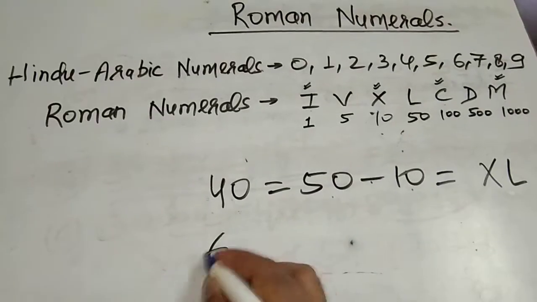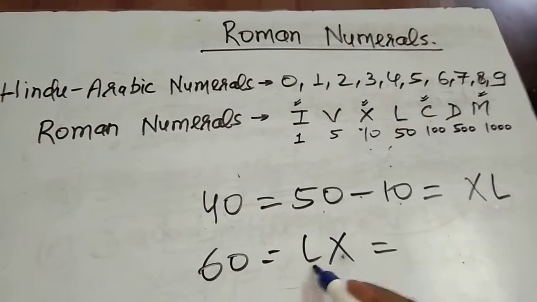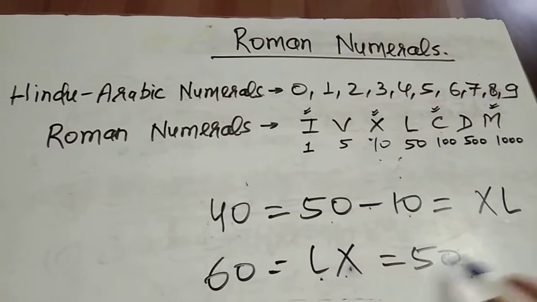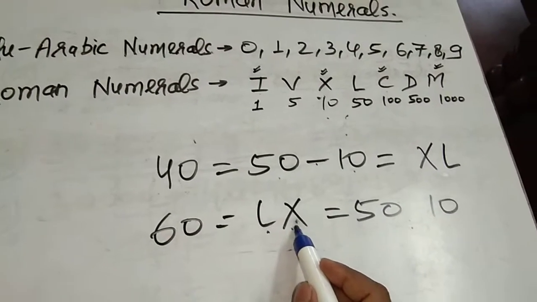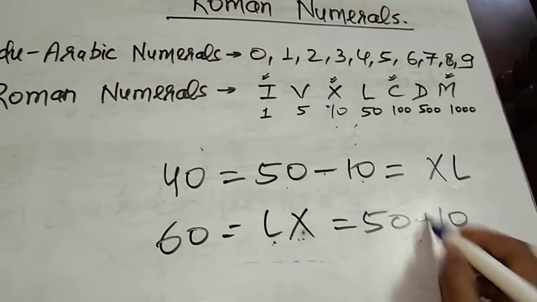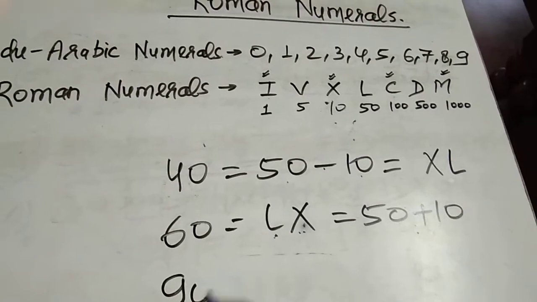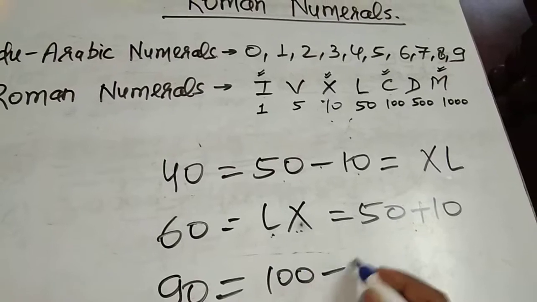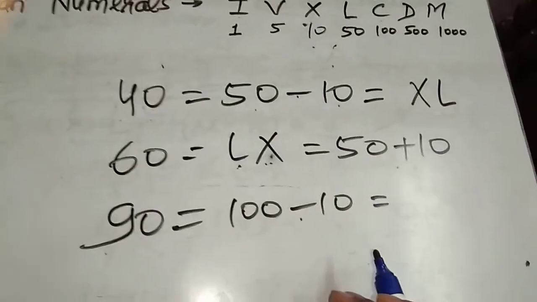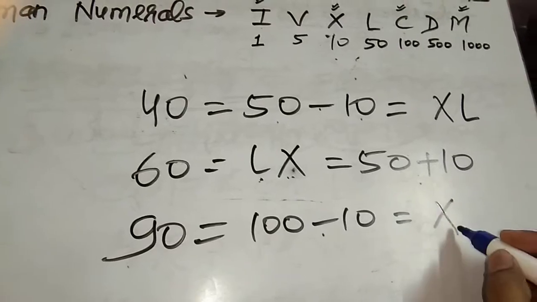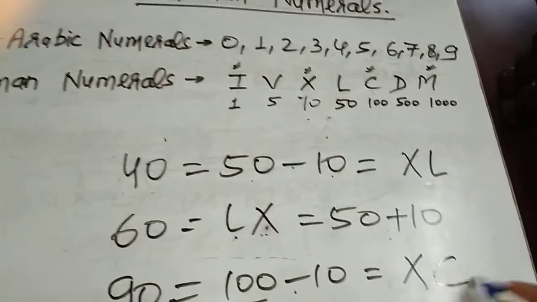But if we write 60, it will be LX, because L means 50 and X means 10, and the smaller symbol is written after the larger, so the rule of addition takes place. If we have to write 90, 100 minus 10, the smaller symbol 10 should be written first, then the larger. What is the symbol of 100? C. So XC.